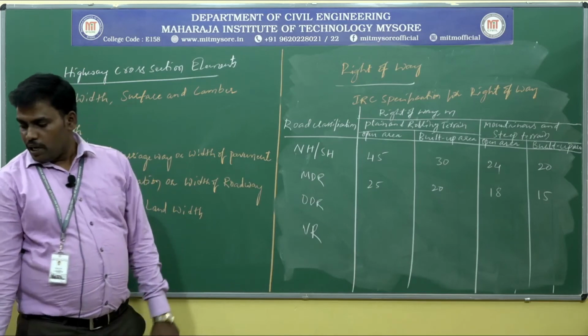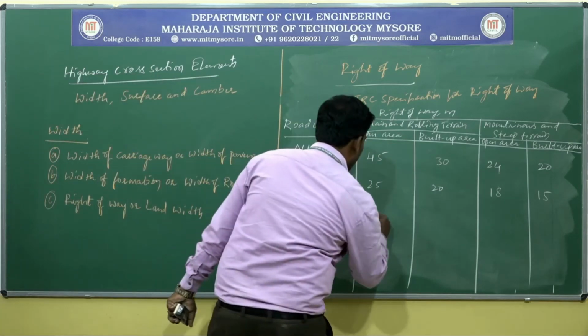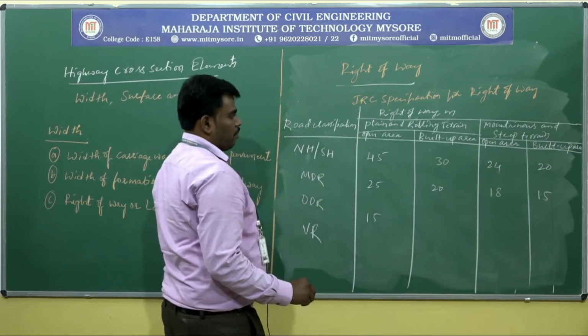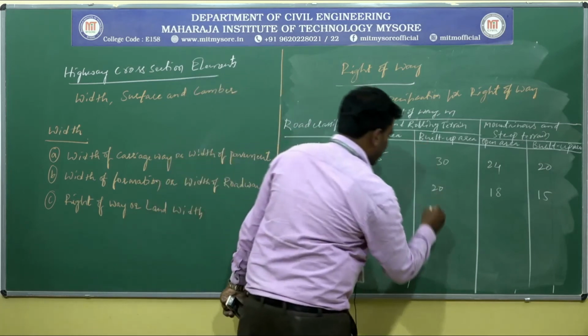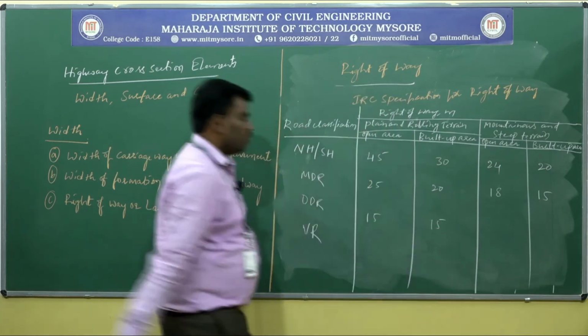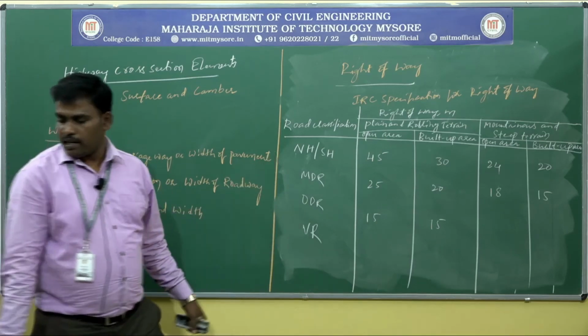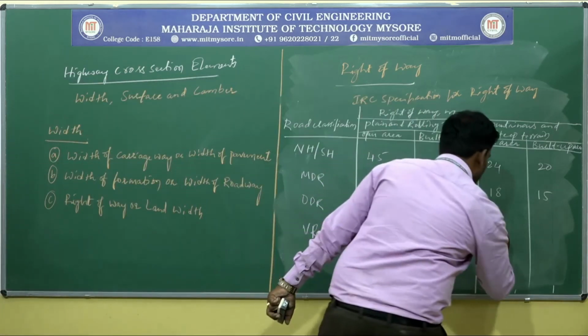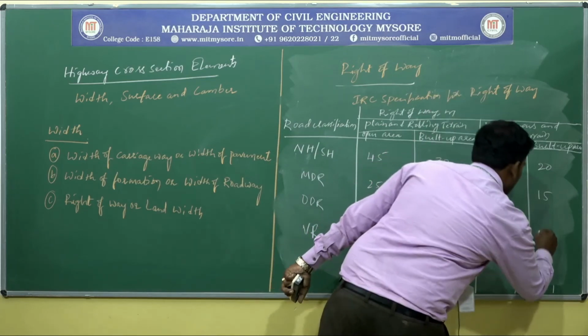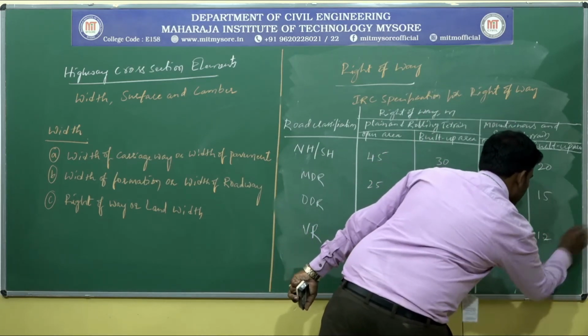For other district road, it is 15 meter in the open area and in the built up area it is also 15 meter. For mountainous and steep terrain, it is 15 meter in the open area and 12 meter in the built up area.